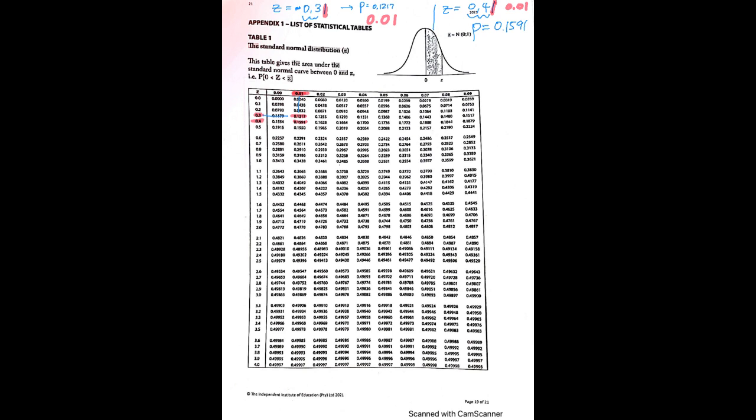Okay, so here you're going to say that from the information that we had been given, P is going to be 0.1217, here, and 0.1591 here.